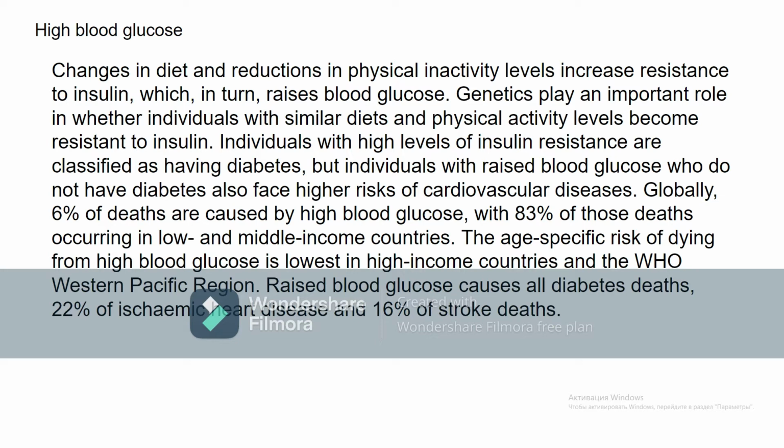And we should take into account that some kinds of diseases, especially diabetes, are genetically determined. That means it depends on our parents or relatives. Do we have a precondition to develop diabetes with high blood glucose?